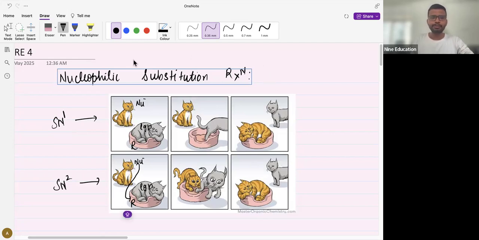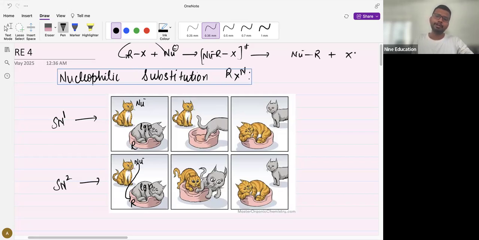In the nucleophilic substitution reaction, we have learned that if I take an alkyl halide, any nucleophile will come and attack on R to make a transition state, and from this transition state, X will be removed and the nucleophile will make a bond with R, and the alkyl halide will remove X as X negative.